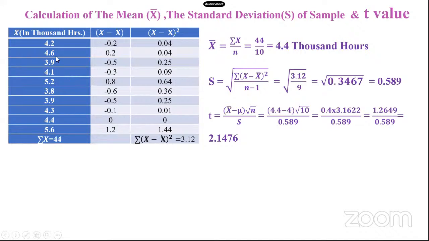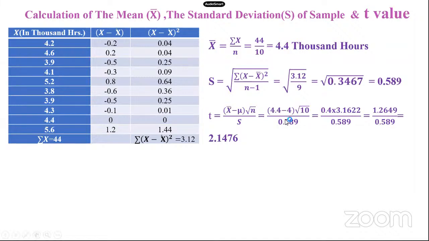So firstly, x minus x bar, where x bar is 4.4. 4.2 minus 4.4 is minus 0.2. 4.6 minus 4.4 is plus 0.2. 3.9 minus 4.4 is minus 0.5. 4.1 minus 4.4 is minus 0.3.